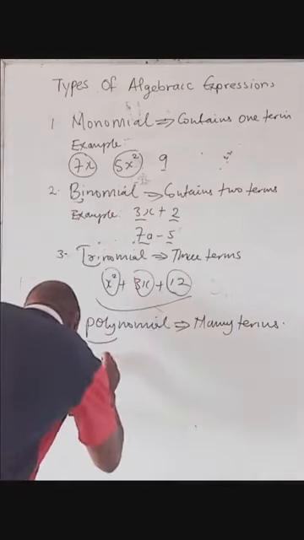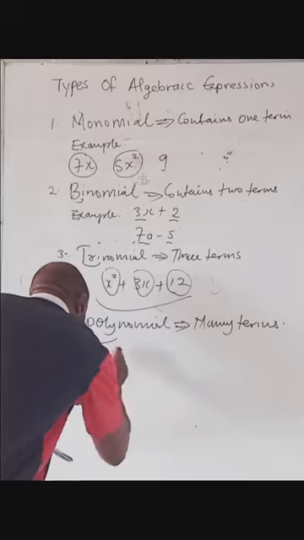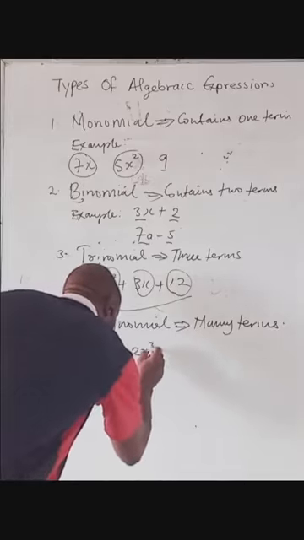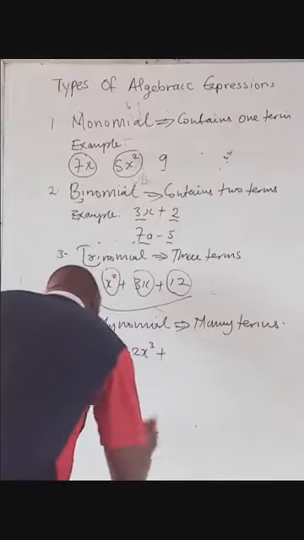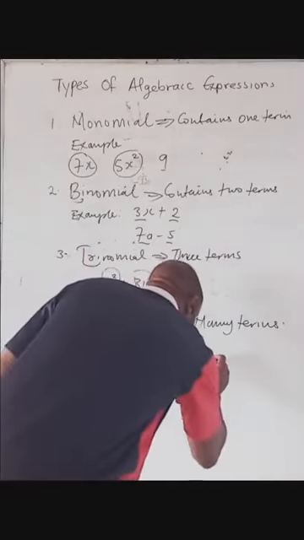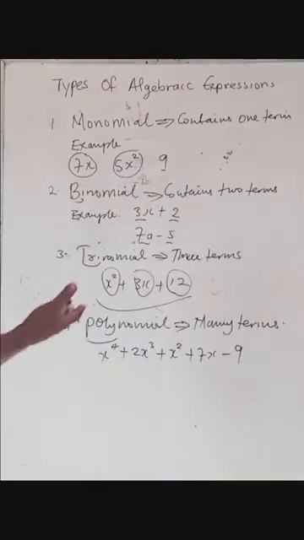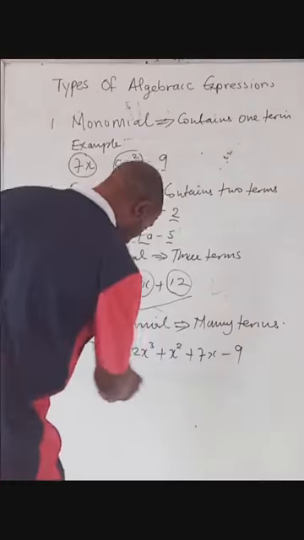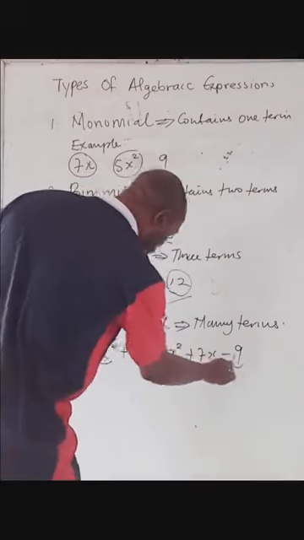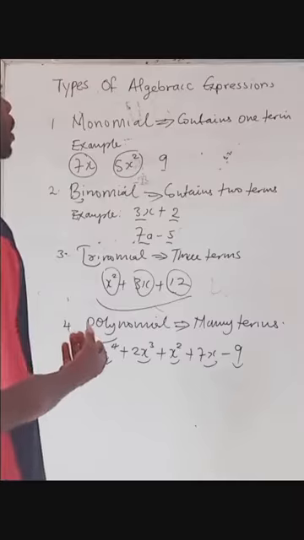Example, x raised to the power 4 plus 2x raised to the power 3 plus x squared plus 7x minus a number, let's say 9. This is a polynomial because it contains, how many terms are here? 1, 2, 3, 4, 5 terms. So it's an example of a polynomial.